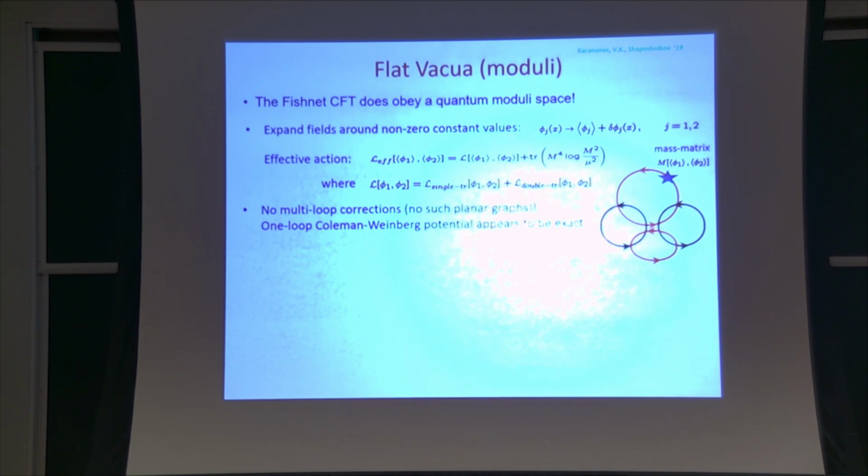One of them is chiral, another anti-chiral. If you draw arrows, you always have chiral and anti-chiral crossings. So all these graphs simply do not exist in this theory. That's only planar, yes.